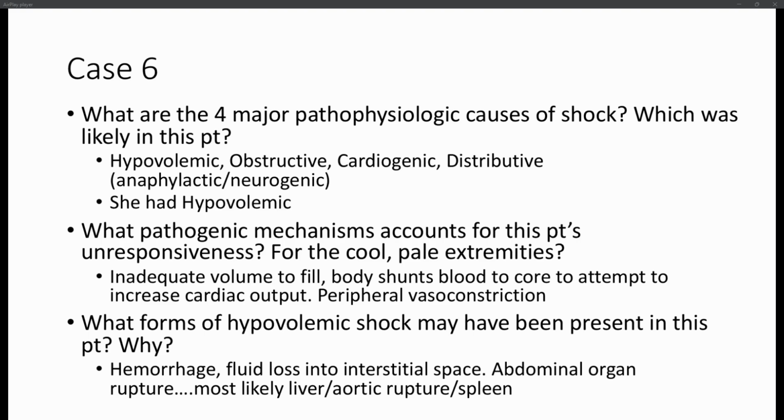Distributive shock. What are some examples of this? Anaphylactic shock. Okay, reactions when they get anaphylactic, they get very sweaty and warm. Why are they getting so warm and vasodilated in a distributive shock? What's the major cause for a distributive shock? Anaphylaxis. What type of hypersensitivity reaction is anaphylaxis?